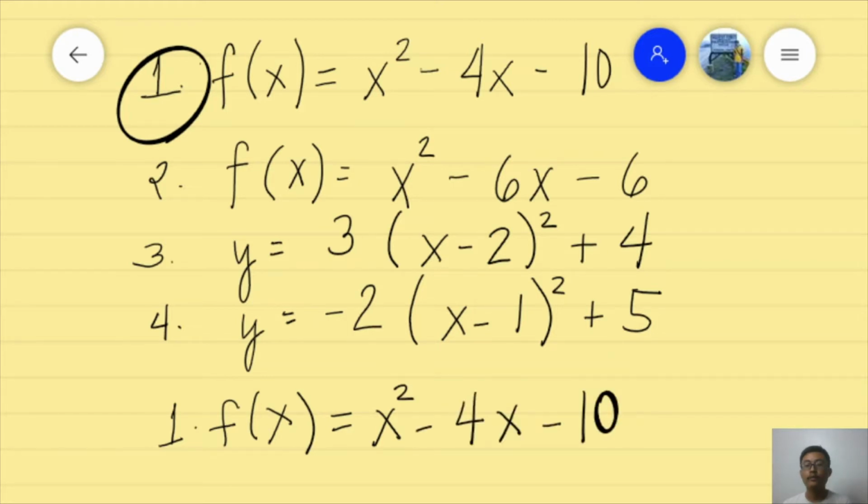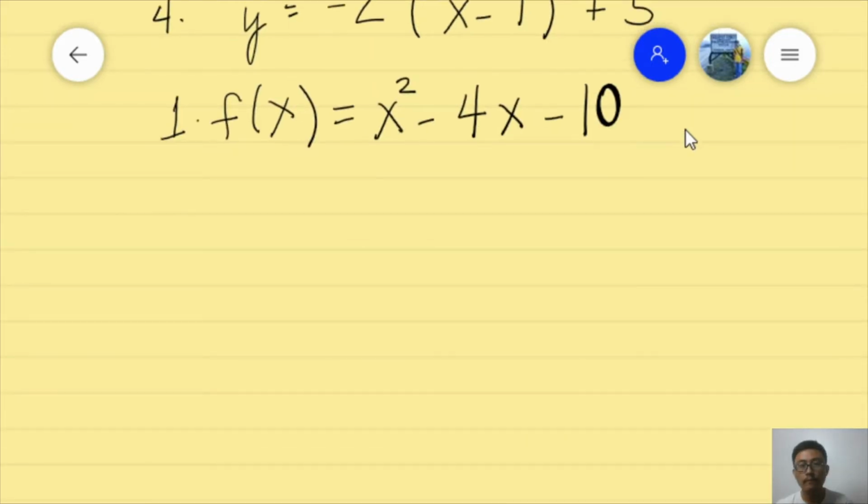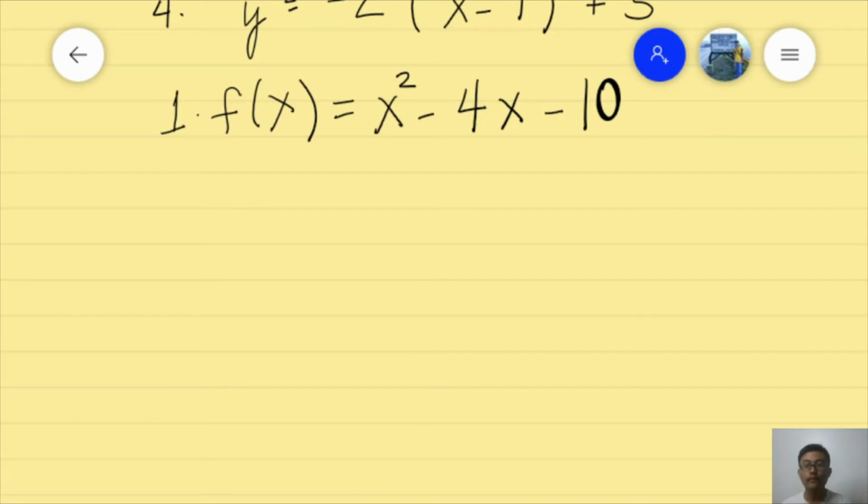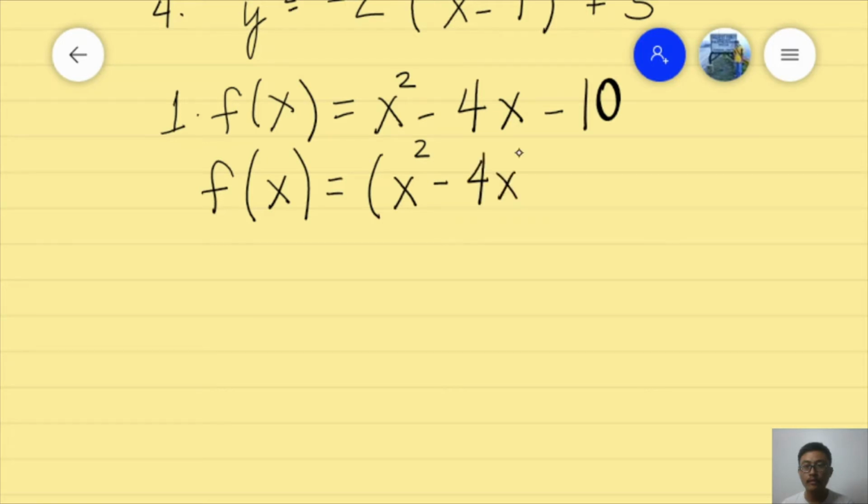First step, para solve natin yan is we're going to separate first yung x squared tsaka yung 4x. Lalagay lang natin siya ng parentheses. So that is x squared minus 4x, minus 10. So, yun yung matitira sa labas.